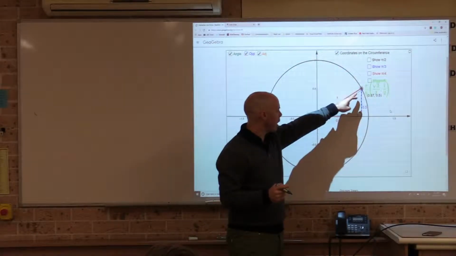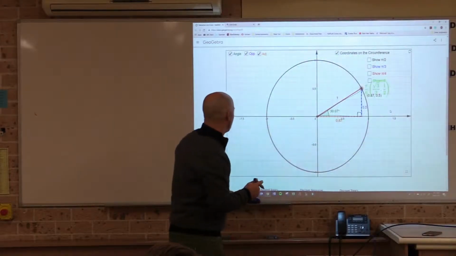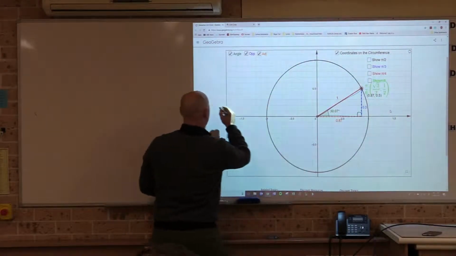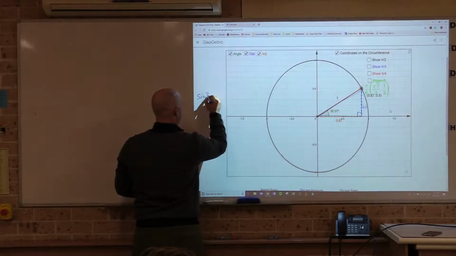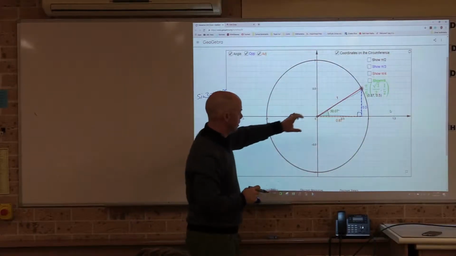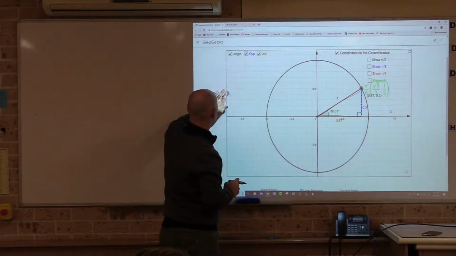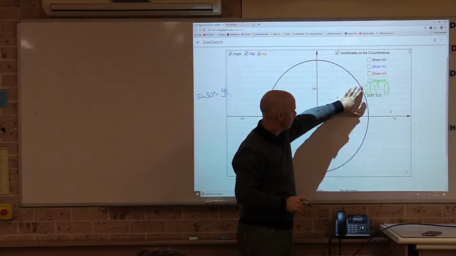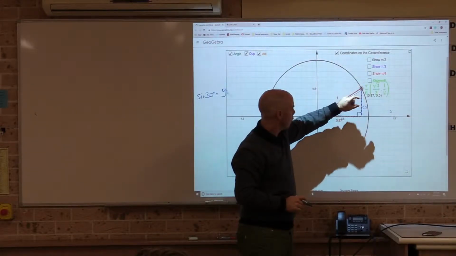But we can describe that in a different way by saying that sine of 30 degrees equals the x-coordinate, sorry, not the x-coordinate, the y-coordinate, the y-coordinate here, over the hypotenuse.